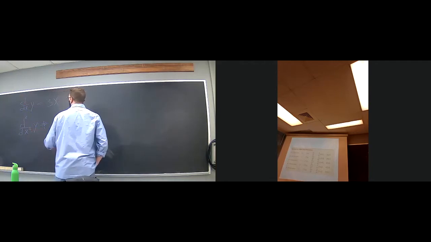So, just to reiterate the point I was trying to make just now, let's say I told you d/dx of y is equal to 3x. The second derivative is not going to be 9x squared.